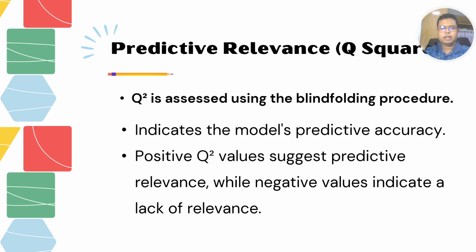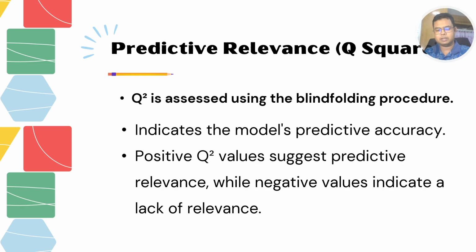Okay. And finally, the predictive relevance. It is expressed by the symbol Q square. Q square is assessed using the blindfolding procedure. In Smart PLS, you will find an option called blindfolding, and using that option we can calculate the predictive relevance, right? The predictive relevance indicates the model's predictive accuracy.